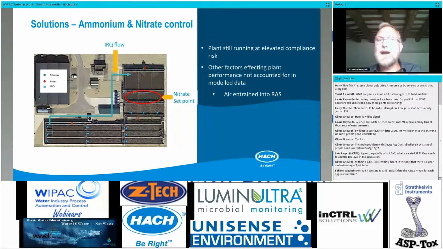And we informed the internal recirculation flow by nitrate measurements in each of those lanes. So if you look at the lane there, that then extends. Instead of it being just basically, it's turned into a 3-lane, 4-zone activated sludge plant.